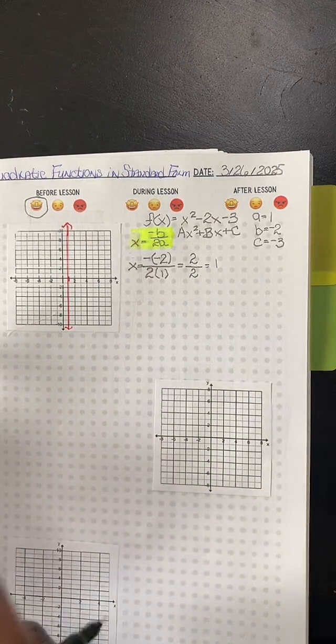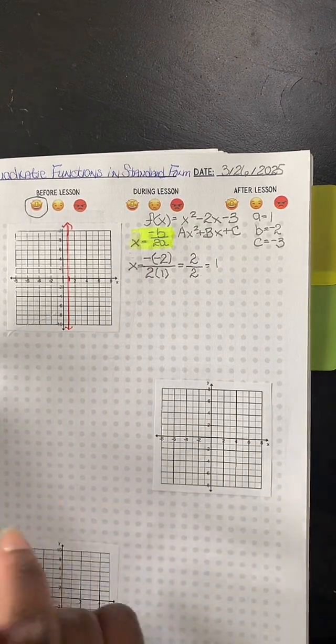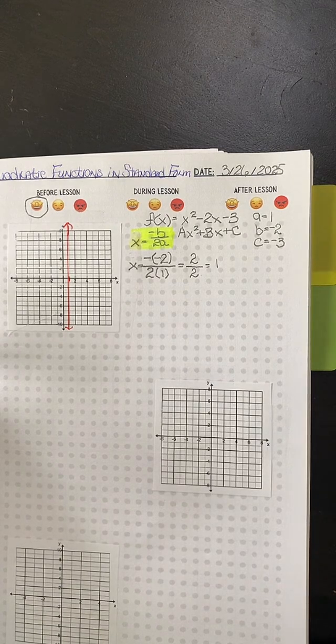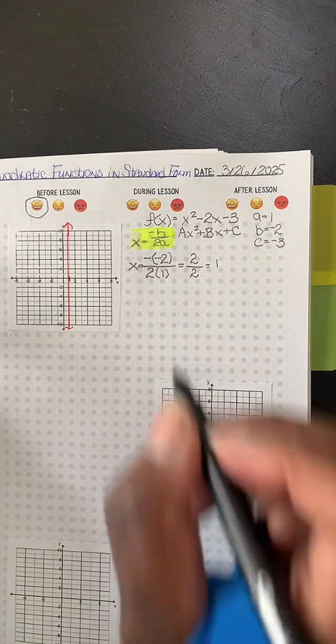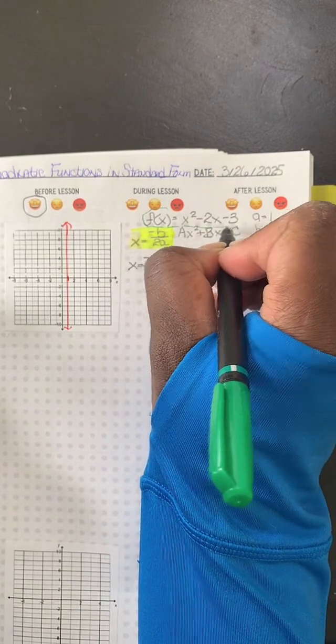Thank you. Now, we need to find our y value, because remember, a vertex is a point. It's a turning point. So you need your x and your y values. In order for me to find my y value, I need to go back to my equation. Let me make my equation a little more prominent.